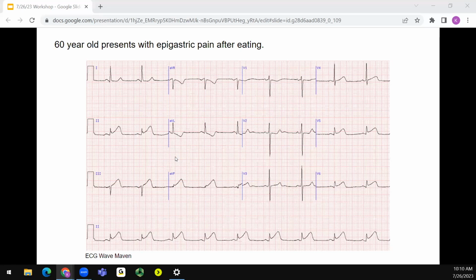Again, remember, anytime you have an inferior MI, you're going to see the inferior lateral. We're still going to do right-sided leads and look for right ventricular involvement as well. And the other thing is, specifically for inferior, 3 and AVL are essentially mirror images of each other on the ECG. If you look at 3 and flip it upside down, it's exactly what AVL looks like.